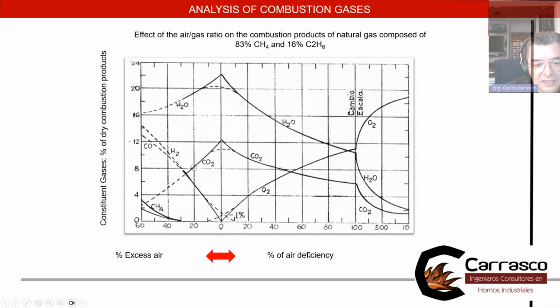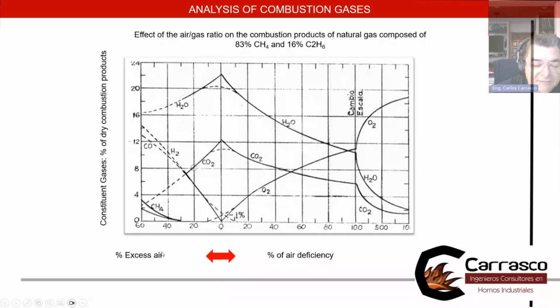On the right side of the graph, I am going to start having higher values of oxygen and higher values of CO2, and the sample from my flue gases is going to be much wetter, depending on where I am.